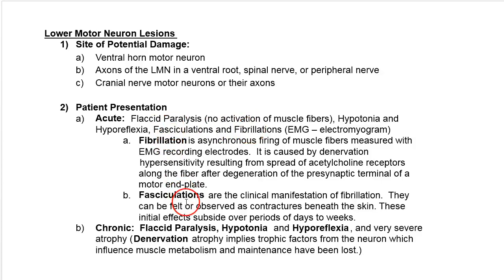Fasciculations are clinical manifestation of fibrillation in which there are movement of muscles in a random way under the skin, and it will last for a number of days to weeks.